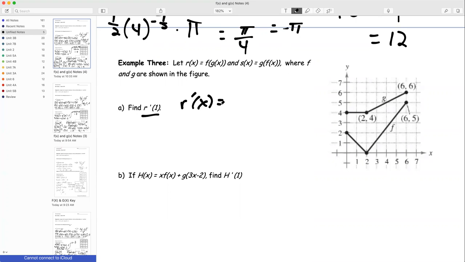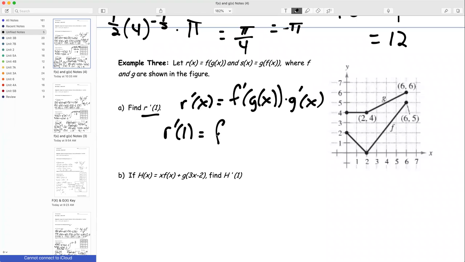R prime of x is going to be f prime of g of x times g prime of x. It's my composite function derivative. And then I'm going to plug in 1. So that gives me f prime of g of 1 times g prime of 1.